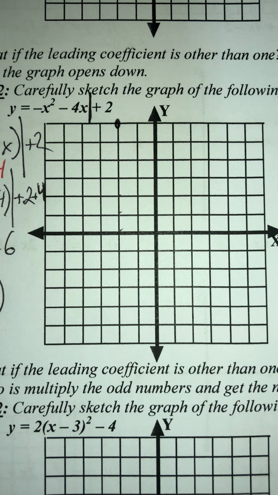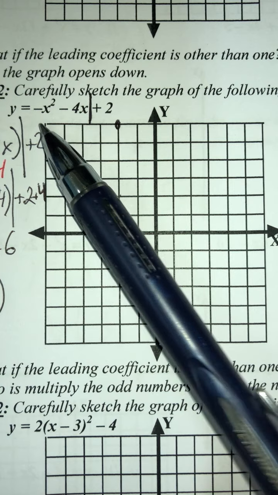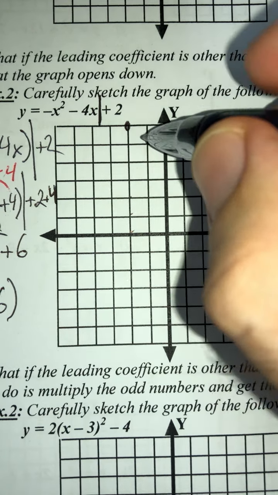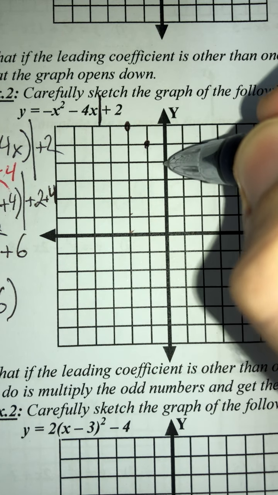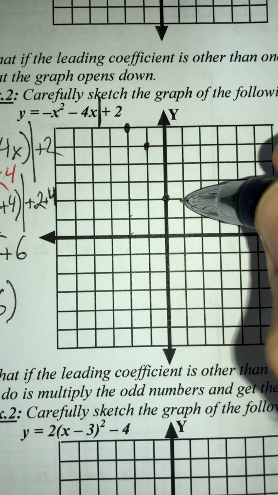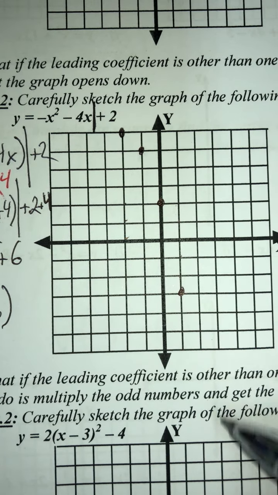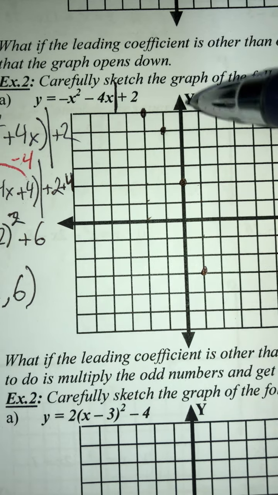Now, because there's a negative in front of the x squared, instead of going out 1, up 1, I go out 1, down 1. Out 1, down 1, 2, 3. Out 1, down 1, 2, 3, 4, 5. And then it would be 7, and then 9, and then 11. But you don't need to do that many.